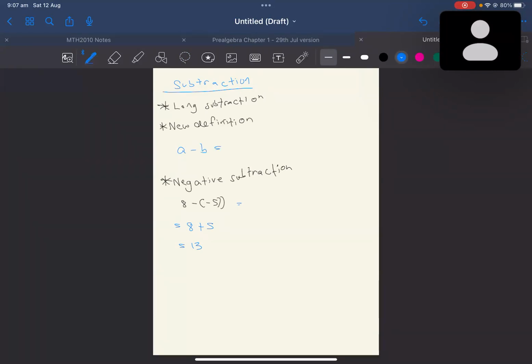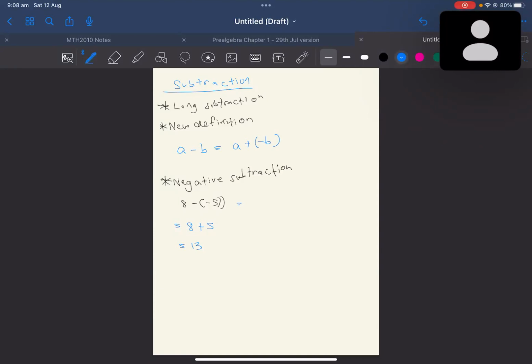Remember we defined it in terms of something we already knew, something that was easy for us: in terms of addition. A plus what? B? No, A minus B is not A plus B. It's A plus negative B, the negation of B.